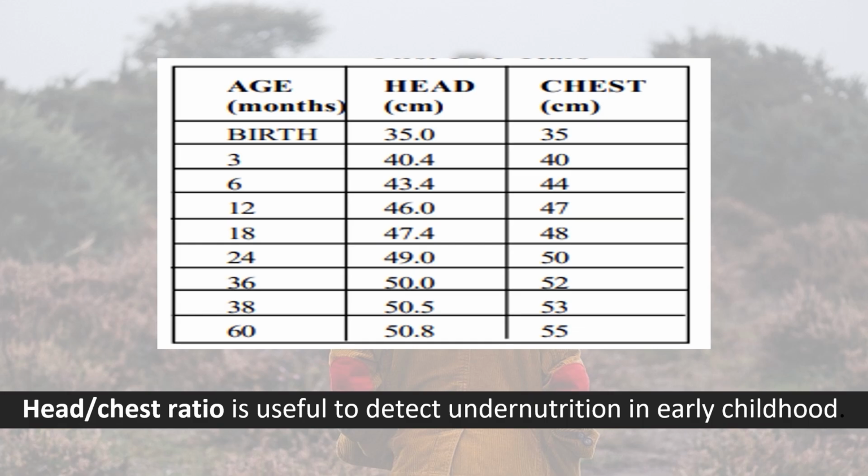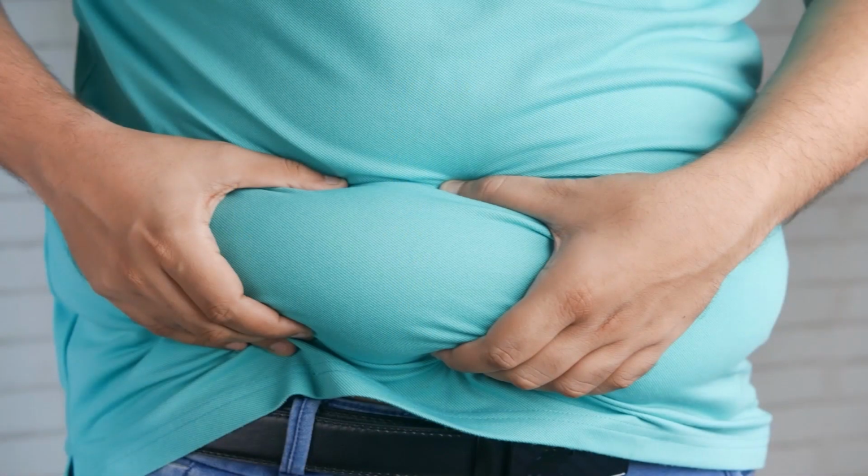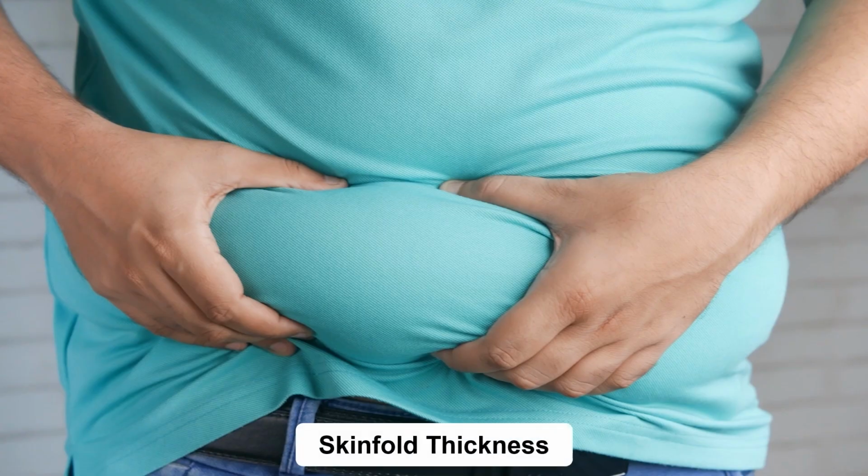So, the head and chest ratio is useful to detect undernutrition, and particularly we use it in early childhood only. The next measurement is the skin fold thickness. This measures the fat located just underneath the skin.